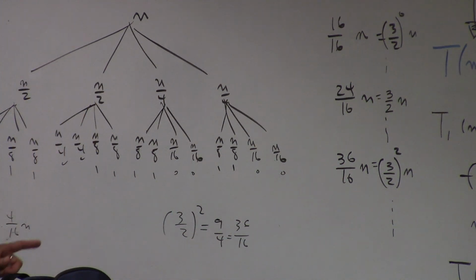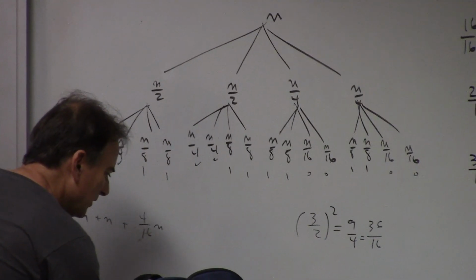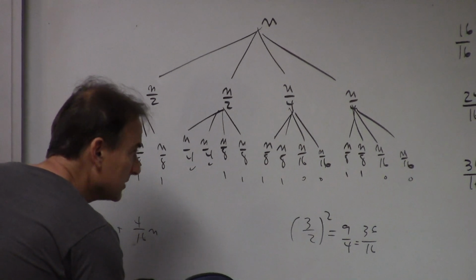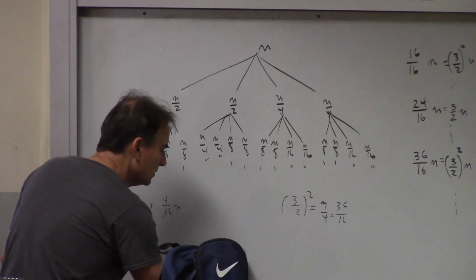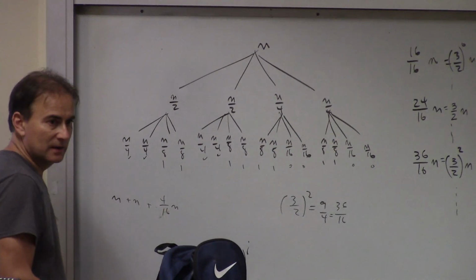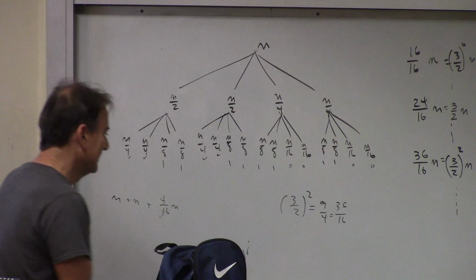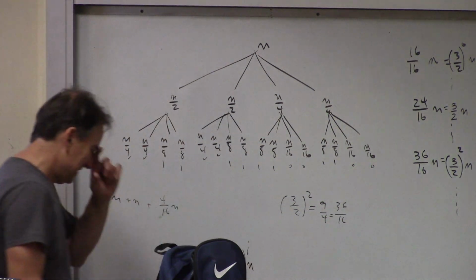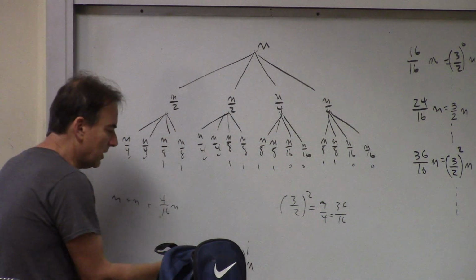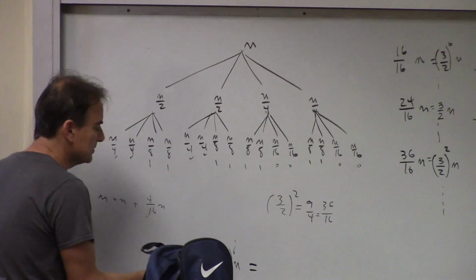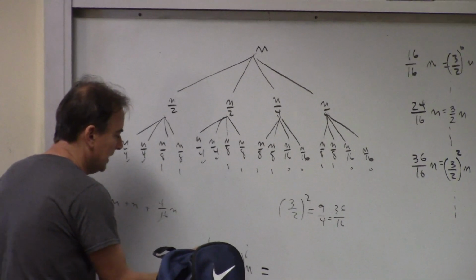So what we're going to do is summation as i goes from 0 to some number, and we're going to say it's going to be 3 over 2 to the i, and we're going to multiply that by n. And so we can go to some arbitrary upper value, we'll just call it h.